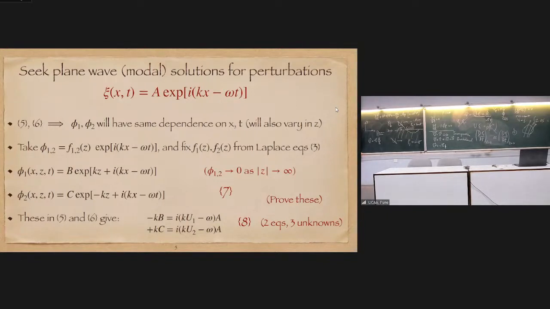I'm writing it like e to the minus i omega t. Omega can be real and can also have an imaginary part. If omega has an imaginary part, it can decay or grow, right?